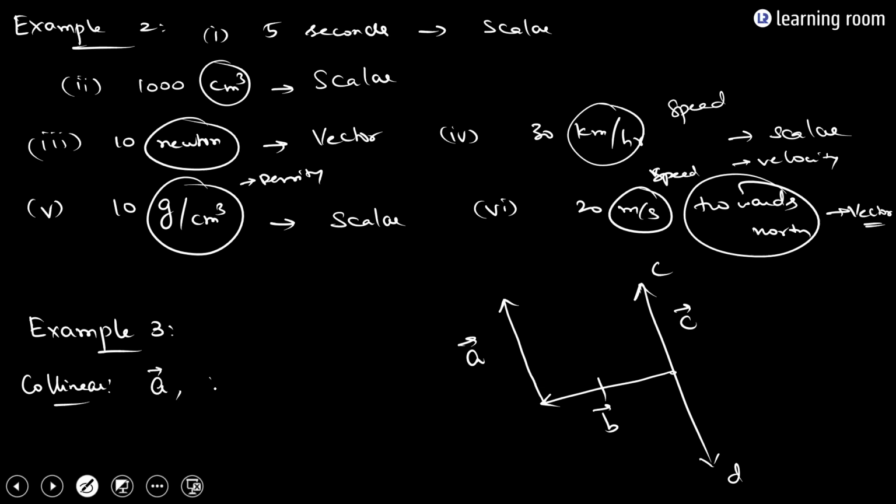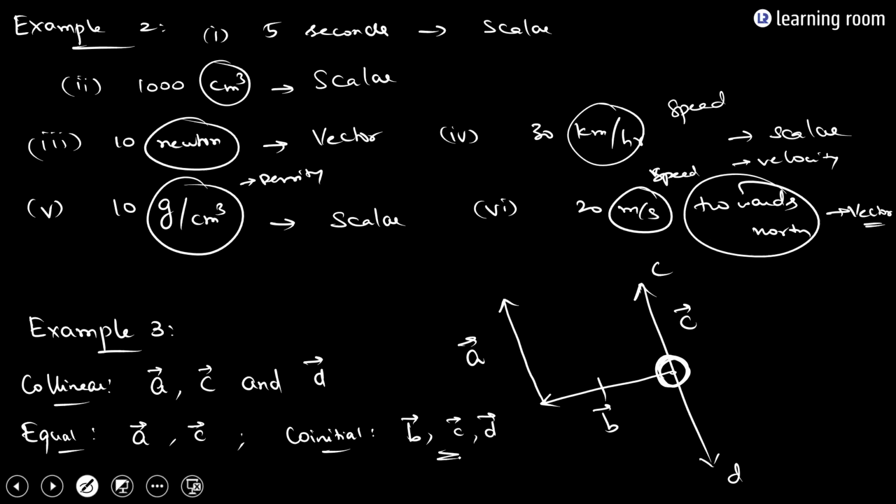Collinear vectors are A vector, C vector, and D vector. Which vectors are equal vectors? Equal vectors are A vector and C vector. Which are co-initial vectors? Co-initial means you are able to see a point here. So co-initial are B vector, C vector, D vector. So B, C. Okay. So if you look at the exercise problem, they're exactly similar, which I'm reading to you.